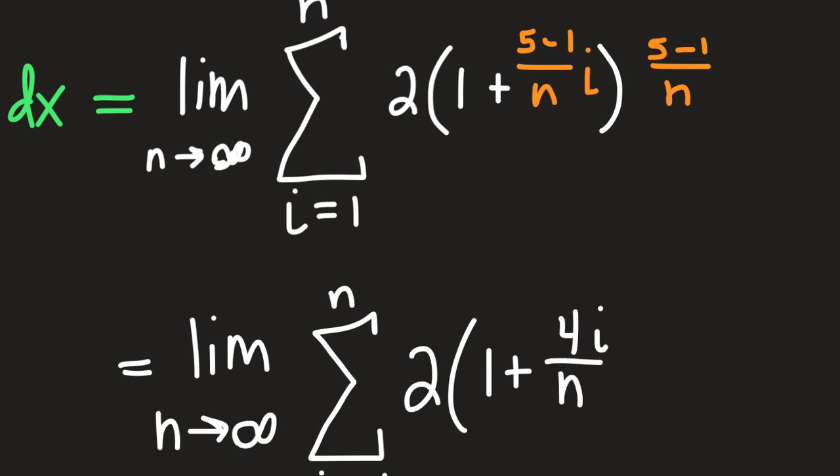We'll just do 4i over n, so we'll put the i up in the numerator. You might also see it after the fraction, times 4 over n. And that is the sum, so we're done. All we have to do is take our integral and write it as a limit of summations.